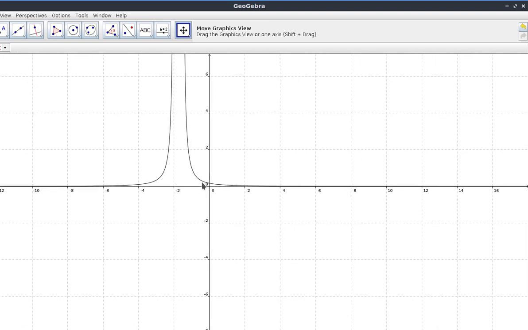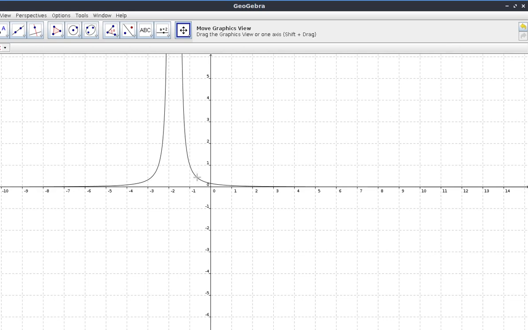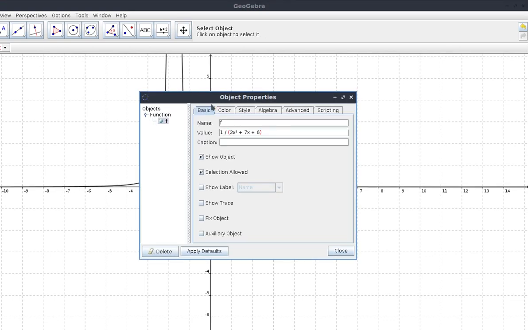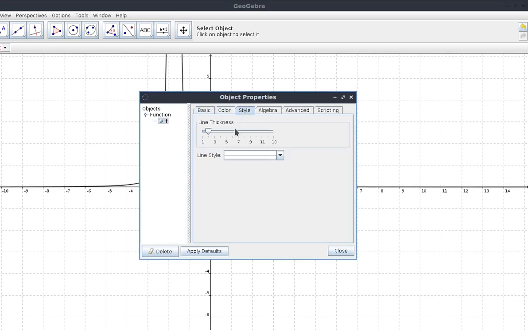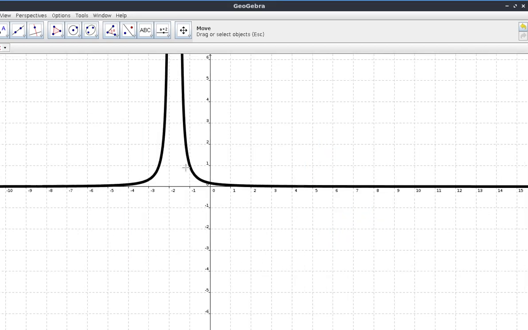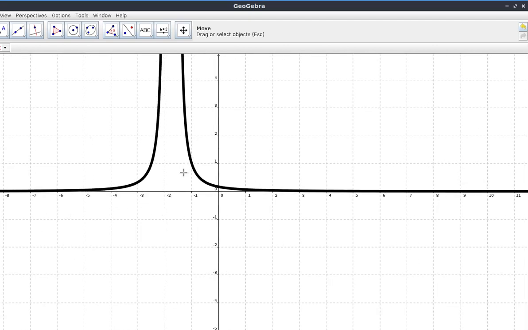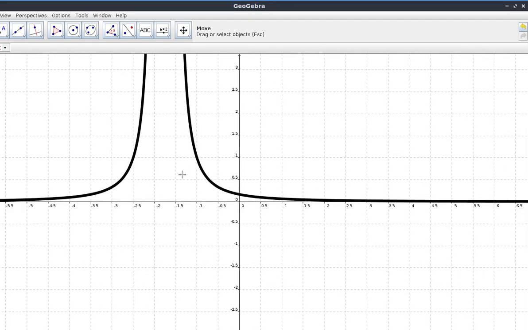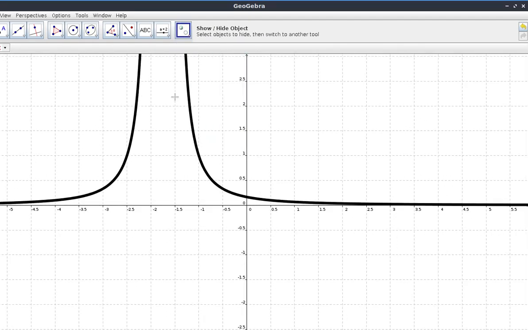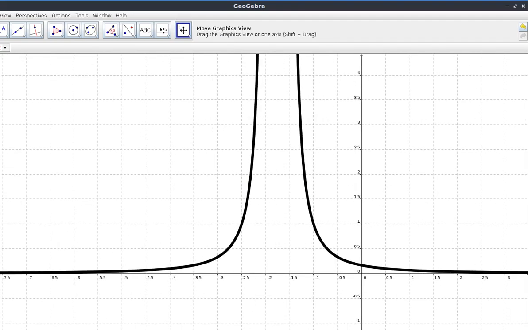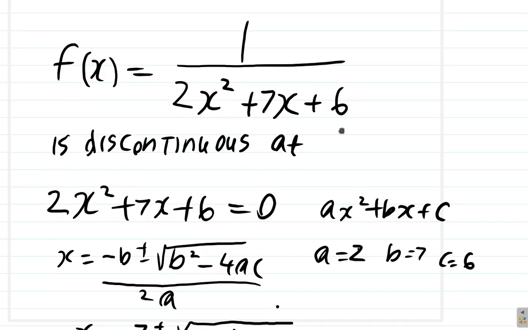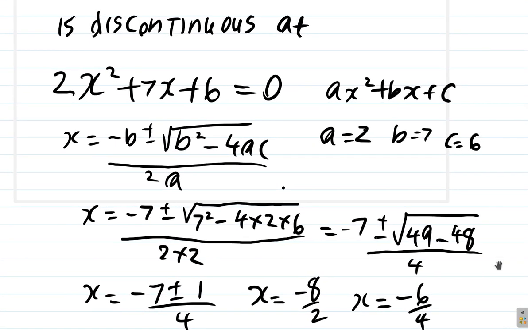So here now, let me make the line thicker so it's easier to see. Let's zoom in a bit to this part of the graph. We wanted to see negative 4 and negative 1.5.